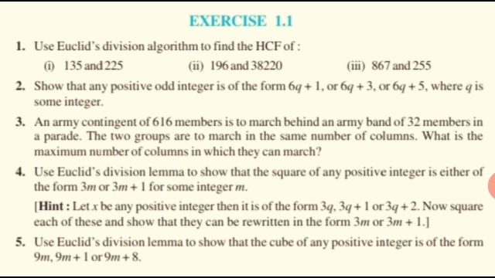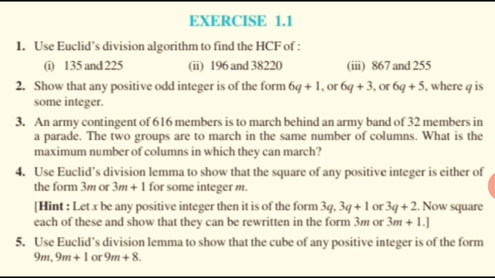Why highest common factor, that is HCF? Because the answer is supposed to be a factor of these two numbers, and it will be either the smaller number or a number that is smaller than these two. That is the reason that we are going to find the HCF in this case.